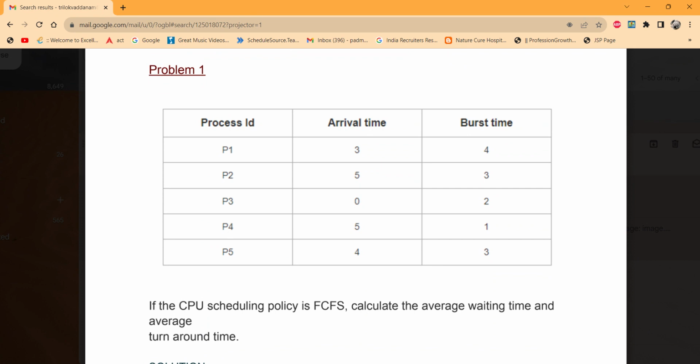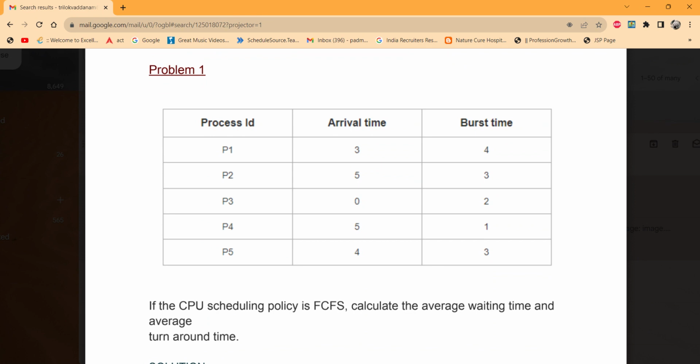They are asking us to calculate the average waiting time and turnaround time, my dear friends. We have seen the formulas for calculating the average waiting time and turnaround time in the previous video of our scheduling algorithms. I kindly request all of you to try out this problem.